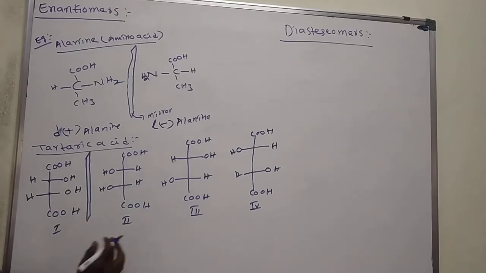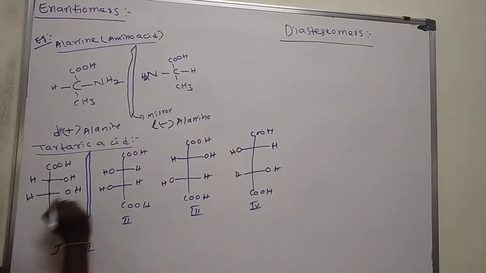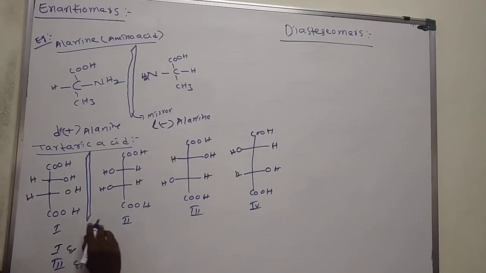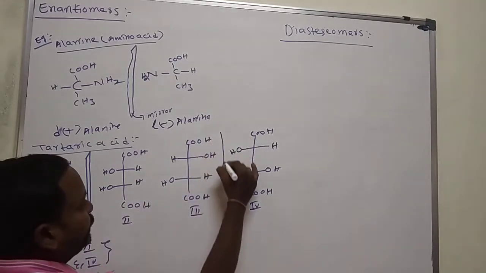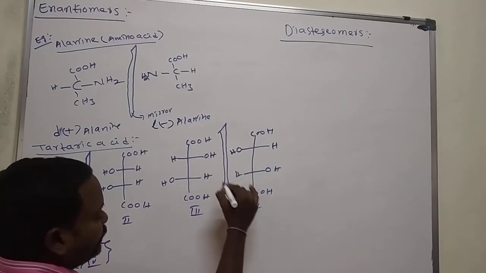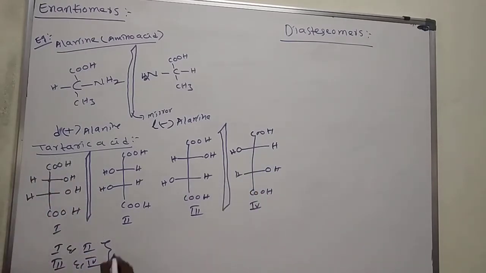See, the first compound and second compound are mirror images. And the third compound and fourth compound are also mirror images, non-superimposable.